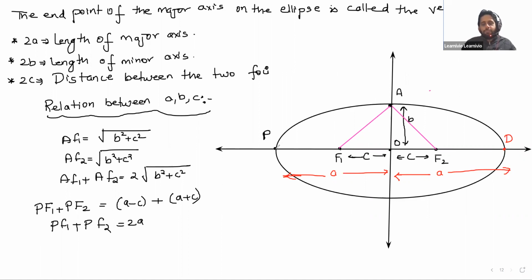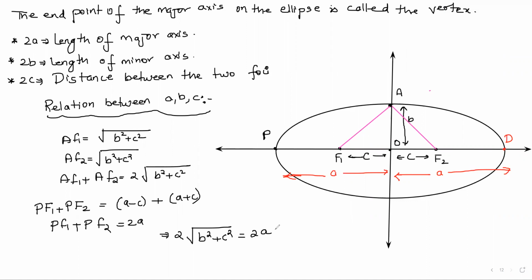Now we have taken another point P on the ellipse and we have found this distance. So as per the definition of an ellipse, can we say that twice of under root B squared plus C squared is equal to twice of A? Please tell me, is this clear to everyone? Yes, sir.